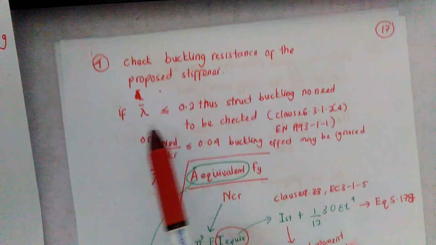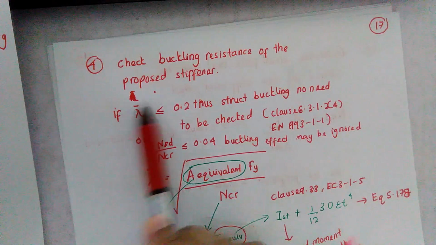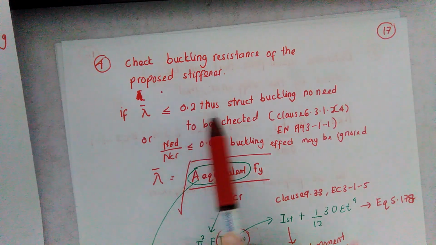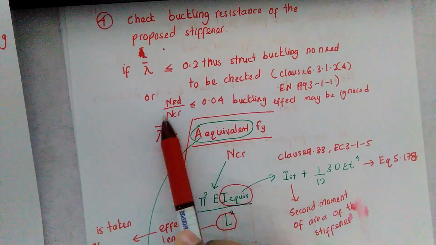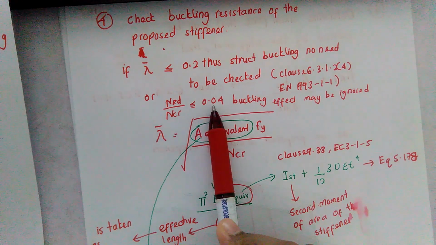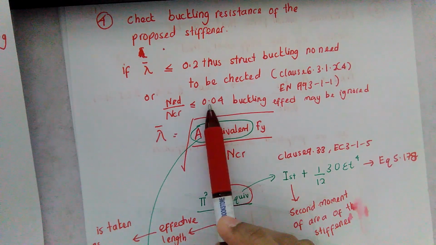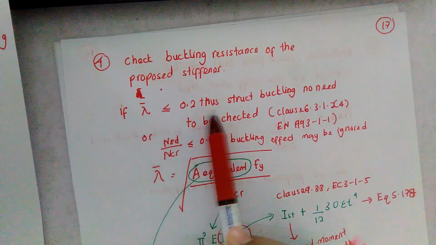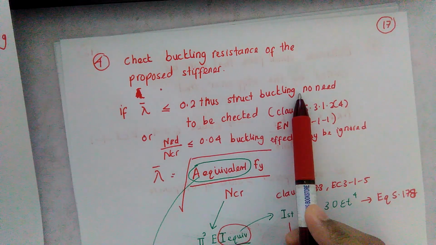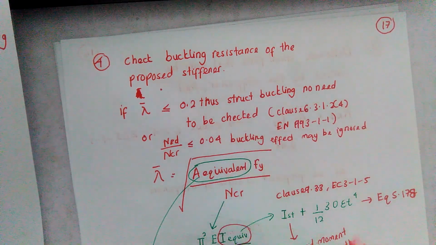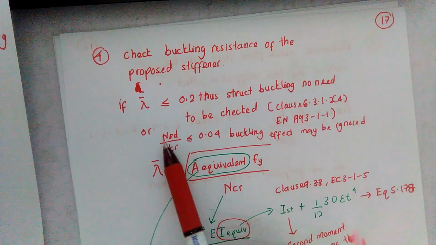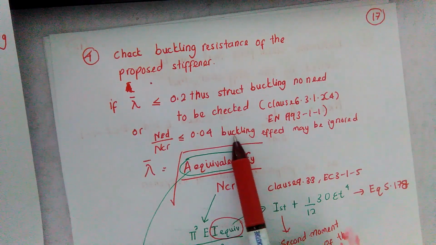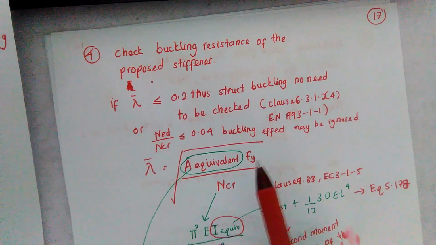First, you have to check whether your slenderness parameter is lesser than or equal to 0.2, or N_Ed over N_cr is lesser than 0.04. If lambda is lesser than 0.2, you don't need to conduct the strut buckling resistance check. Likewise, if N_Ed over N_cr is lesser than 0.04, the buckling effect may be ignored.